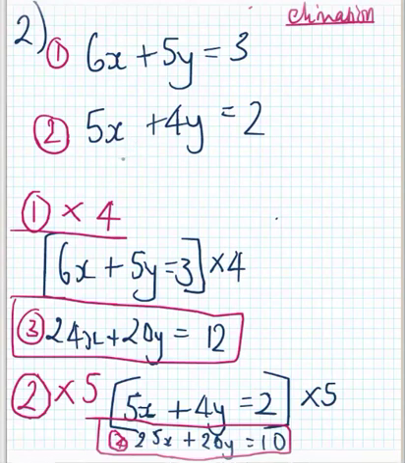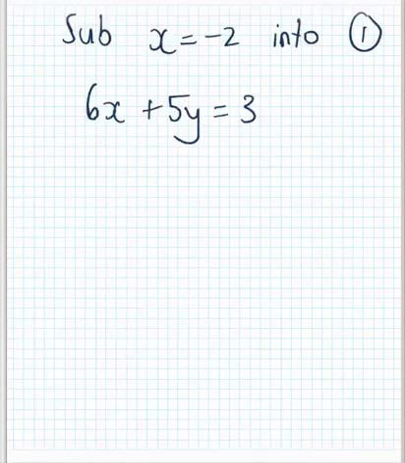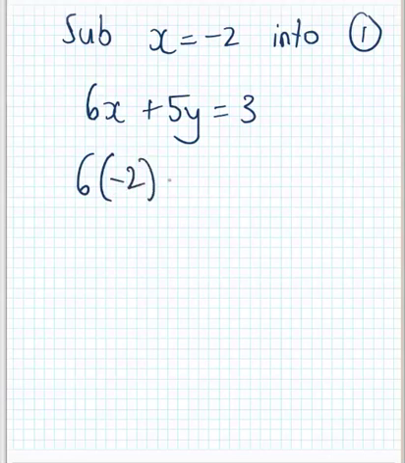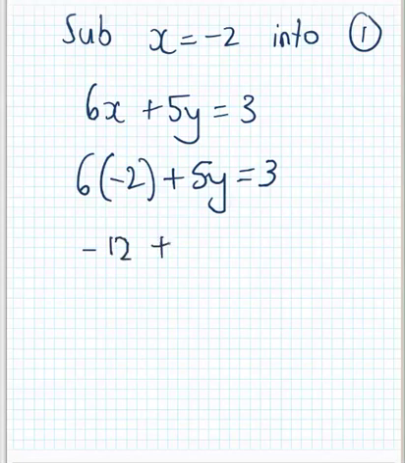So let's do that. So our final step, we're going to sub in when x is equal to negative 2 into equation 1. There's my equation 1 to find the y value. So if x is negative 2, we have 6 times negative 2 plus 5y equals 3. 6 times negative 2 is negative 12 plus 5y equals 3.